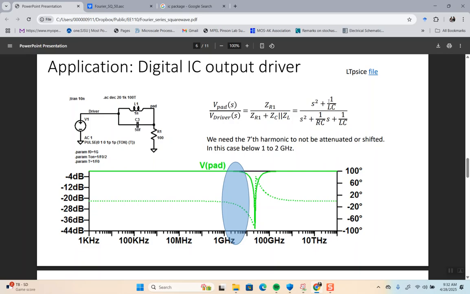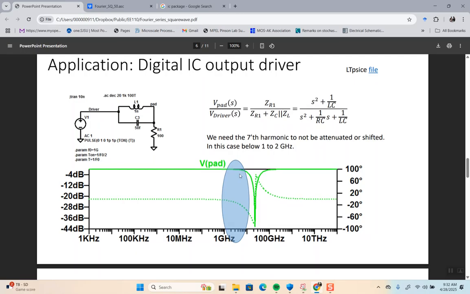If the 1 over LC wasn't there and it was just S squared, what would we have? High pass. And if the S squared was missing, what would we have? Low pass. We have both together, we actually have a notch. And here's the Bode plot. And at this particular frequency, it's blocking.